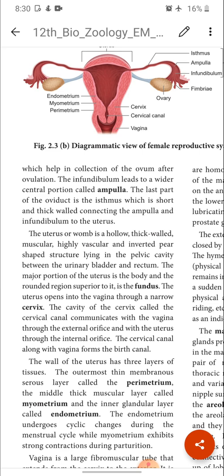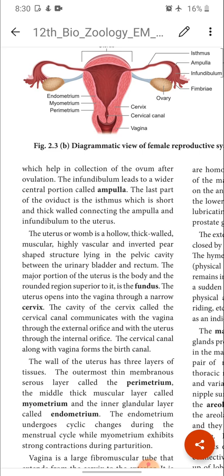The cavity of the cervix is called the cervical canal, and it communicates with the vagina through the external orifice and the uterus through the internal orifice. What is the birth canal? The cervical canal along with the vagina.